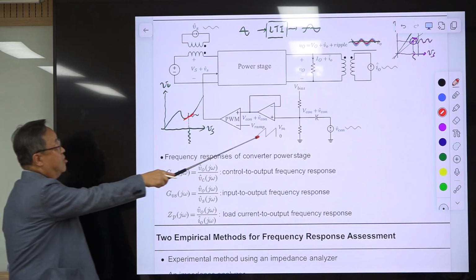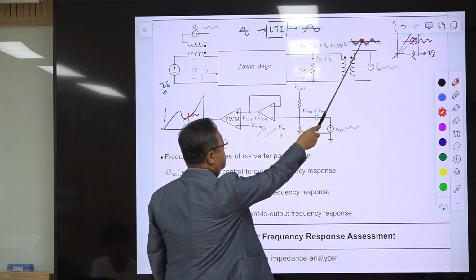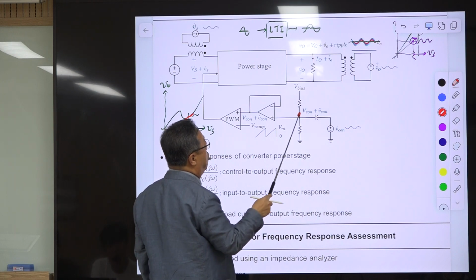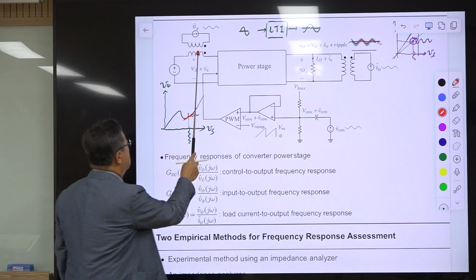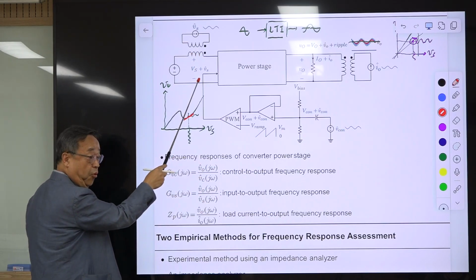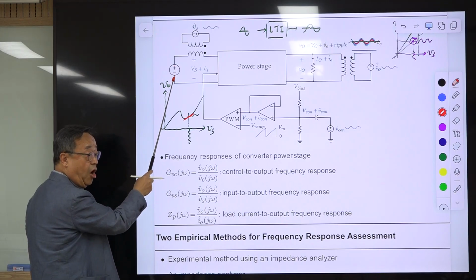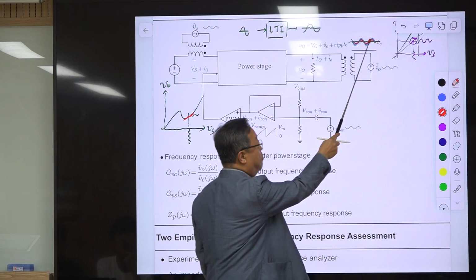Okay, if there is a sinusoidal perturbation coming here, we will generate this. Okay, so this is the perturbation in control voltage. Okay, and if you add perturbation here, there is perturbation in input voltage. So input voltage now is DC plus AC. Then you extract this AC component.